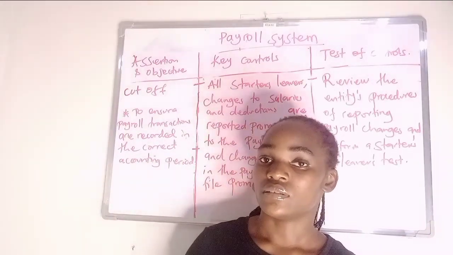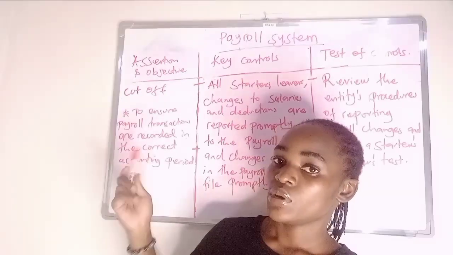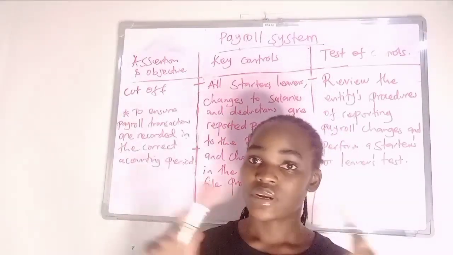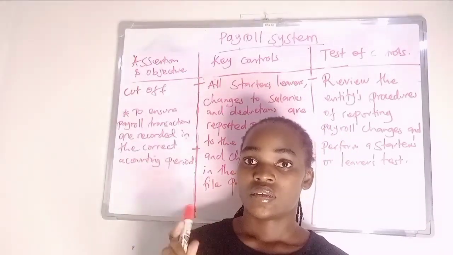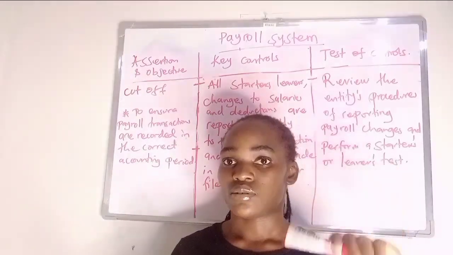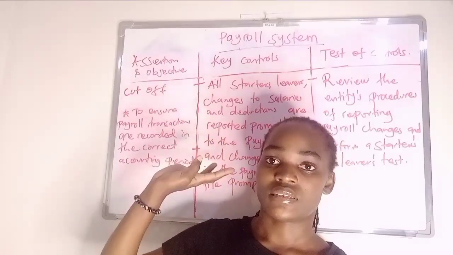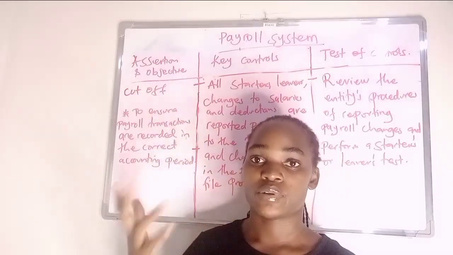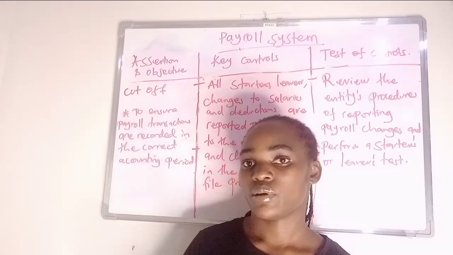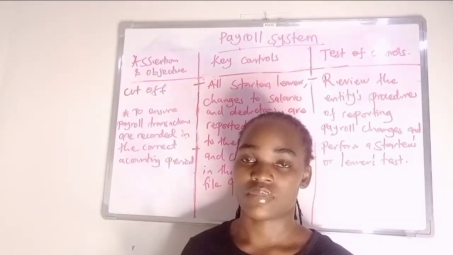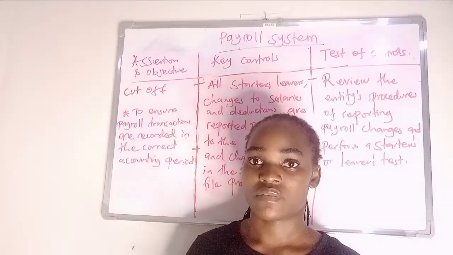So that will help to ensure that payroll transactions are recorded in the correct accounting period. All starters, leavers, changes to salaries, and deductions are reported promptly to the payroll section, and then changes are made to the payroll master file.